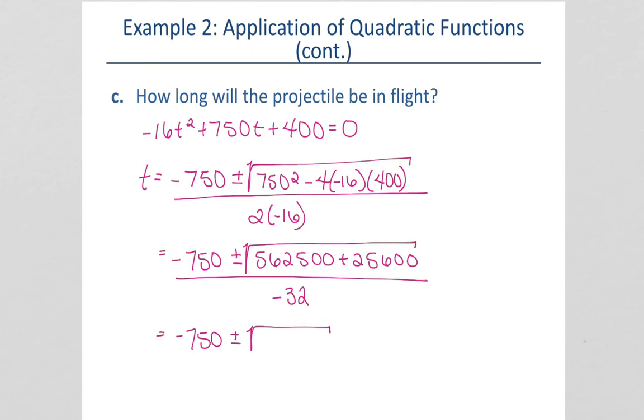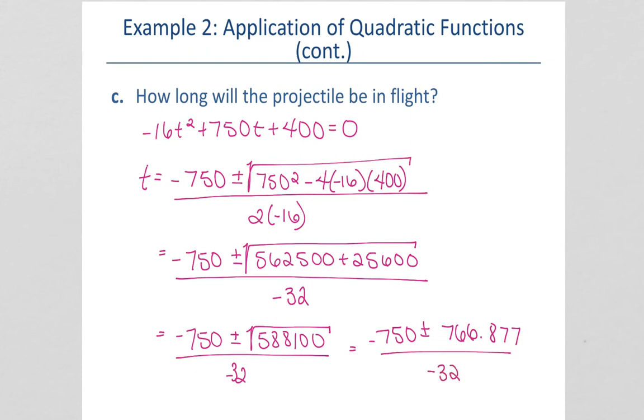Add those up there. We get 588,100. And if we take the square root, we get approximately 766.877.